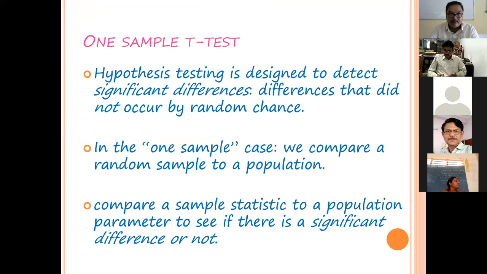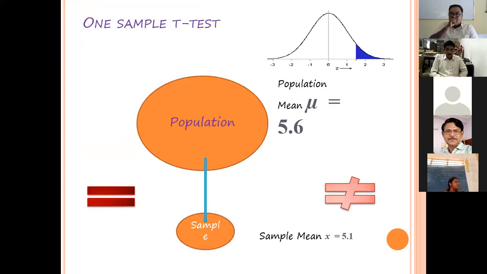Let me go to the next slide. If that is the situation, look here. We have a population, and we have a sample which is drawn from the population. For the sample, we have a value, and for the population, we have a value. The sample is the observed value. Even the science people, when they repeatedly conduct the same test 30 times or 20 times, get different readings.